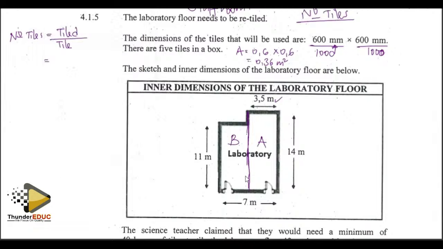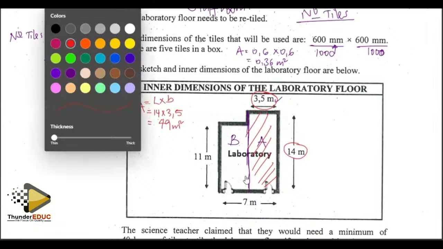Area of A will equal L times B, which is the same as 14 times 3,5. This is the area of A. The answer becomes 49 meters squared.